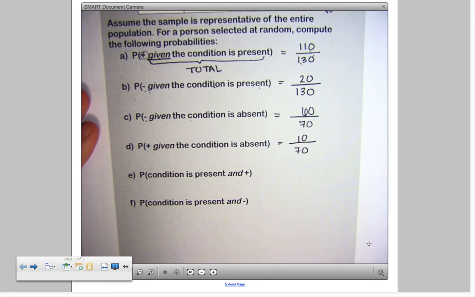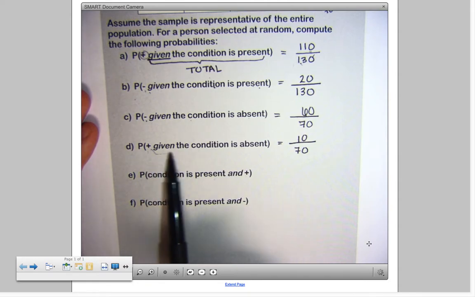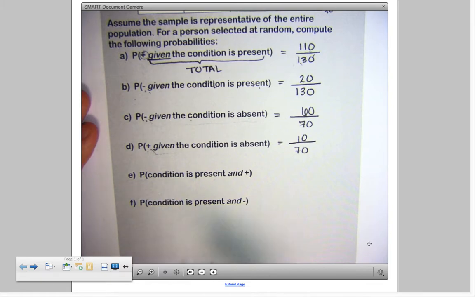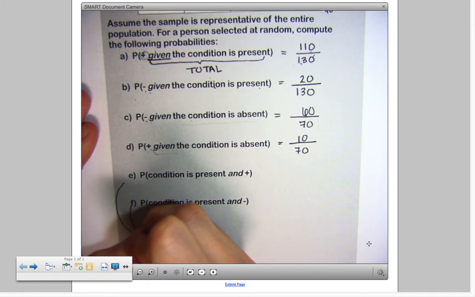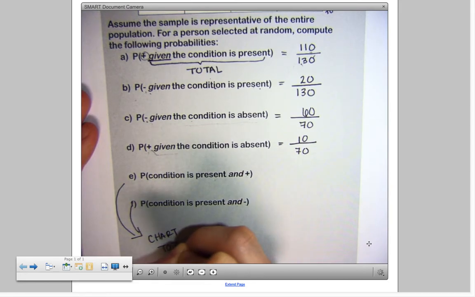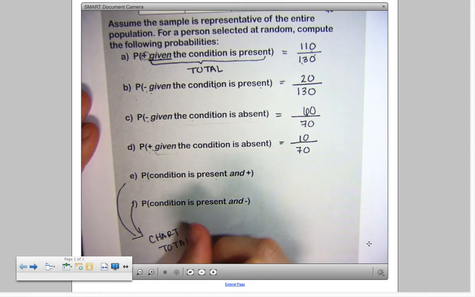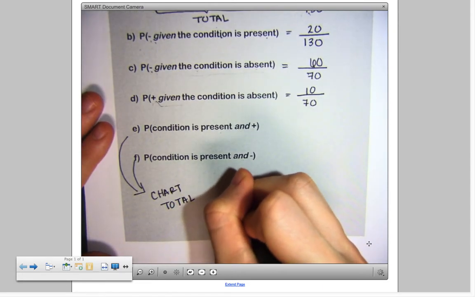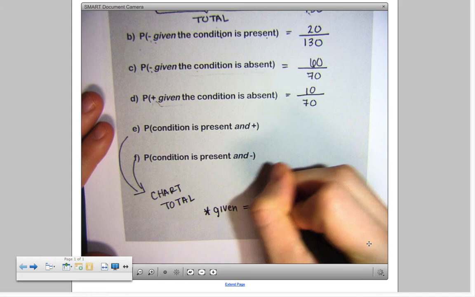Okay, and the last two, if you look at these, condition is present and positive, present and negative. These don't have any givens, so these all had a given, so that gave us our total. These two don't have a given, so that means we're going to use the chart total. So anytime you have a given, that is your total.